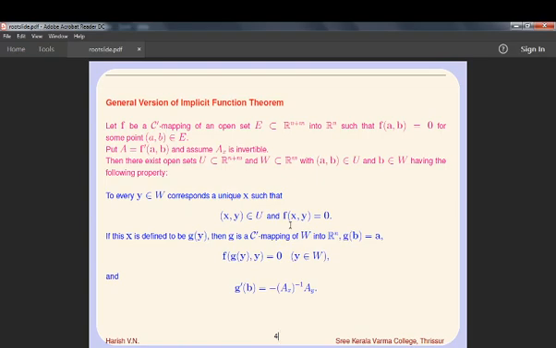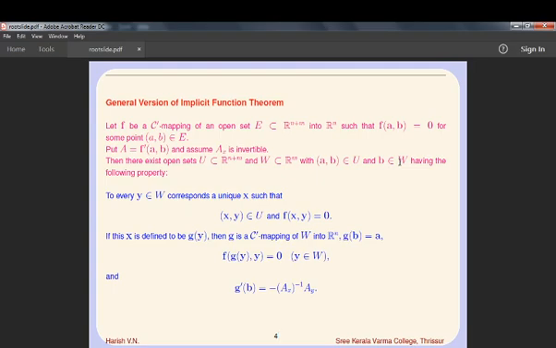But there are certain conditions. That means given y there is a unique x. That y is not arbitrarily coming from Rm. Only in a neighborhood W of b you can take such y. So for each y in W, that means you are looking at a neighborhood of b.